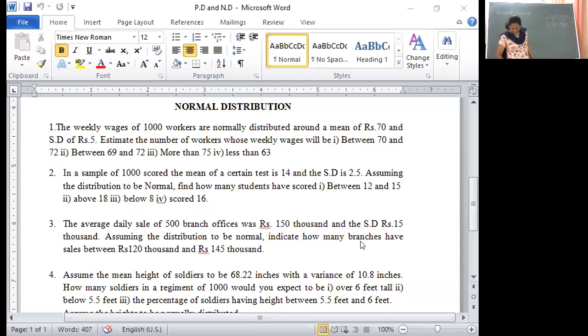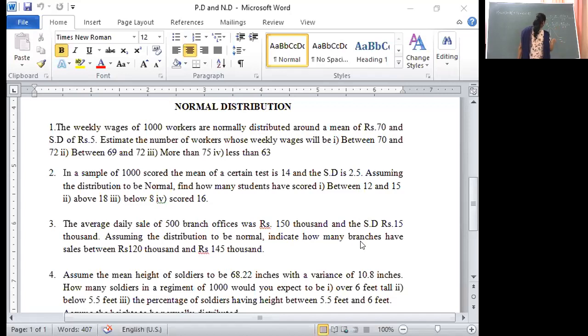Here you will get the value as 1, that is 2.5 upon 2.5. Here it is lying between 0.6 and 1. Then draw the normal distribution, from minus infinity to plus infinity with zero in the middle.